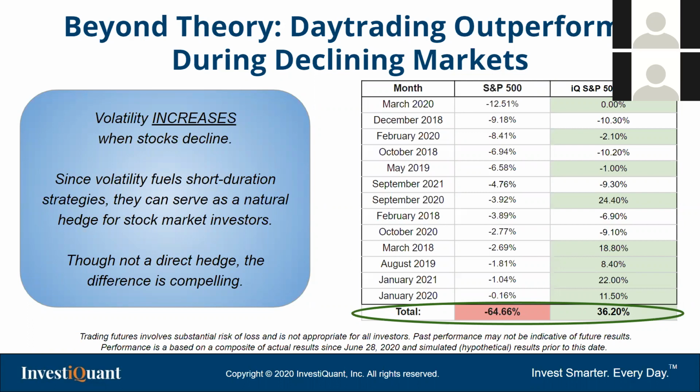So it is a huge benefit to be able to take advantage of the volatility as it increases. Stocks are declining, you're getting more opportunity, which creates a hedge. It's not a perfect hedge, but it is a bit of a hedge to fight off some of the red in your portfolio during those periods.